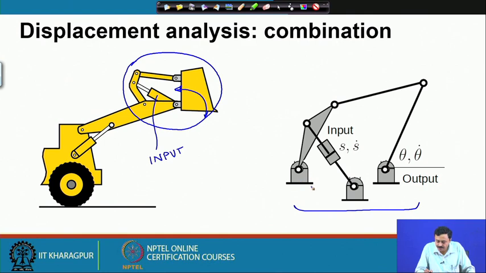So, we have here this 3R 1p chain of type 2.